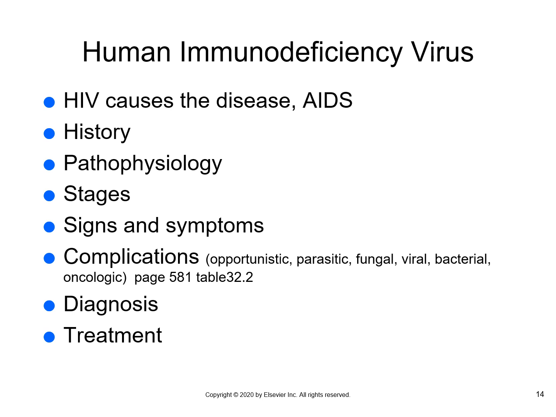So HIV is the virus that is causing the disease. The disease is AIDS, the acquired immunodeficiency syndrome. And we'll talk about the history, pathophysiology, stages, signs and symptoms, complications, diagnosis, and treatment.